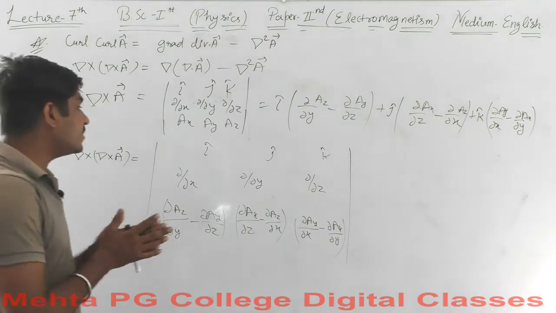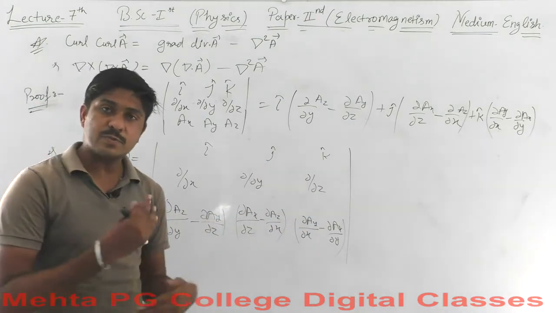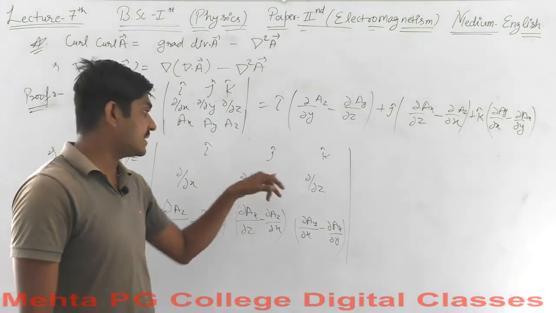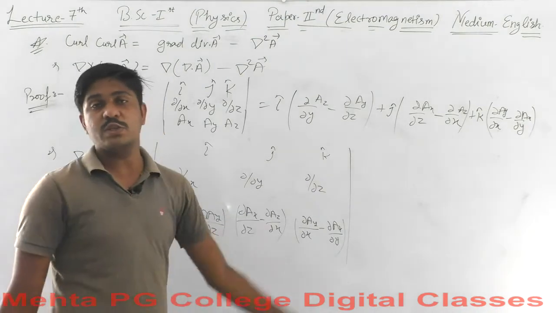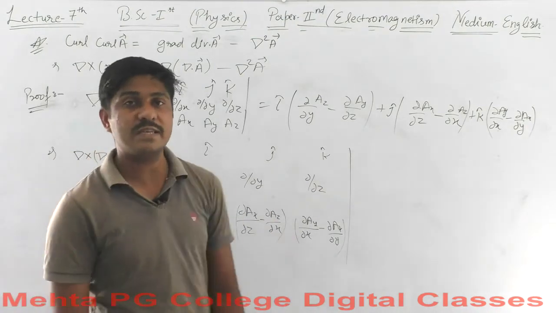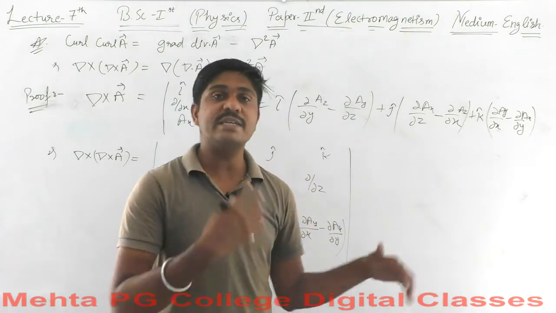Okay, we will find out only for i cap, and then we will do the procedure for the rest, saying j cap or k cap. We are not going to calculate all of this, because the calculation will be complicated and complicated.